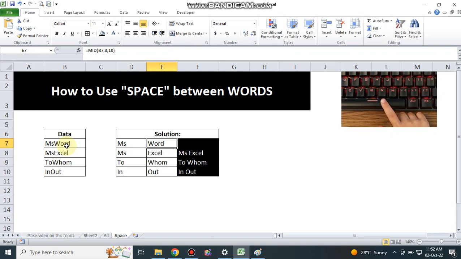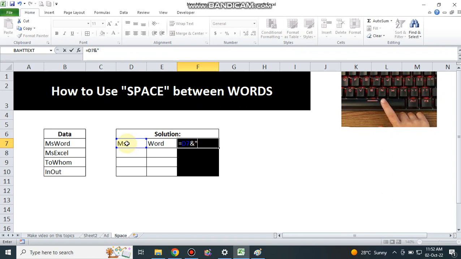Then if I remove this as well, then I use the formula equal to this and this. The purpose of the and mark is for merging, therefore I use and. Then quotation mark.